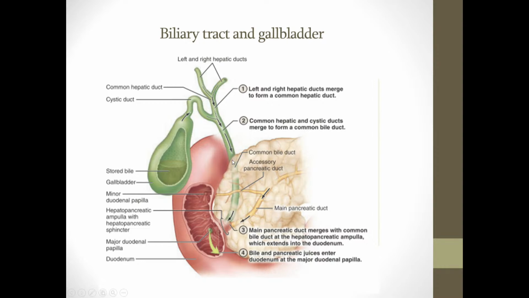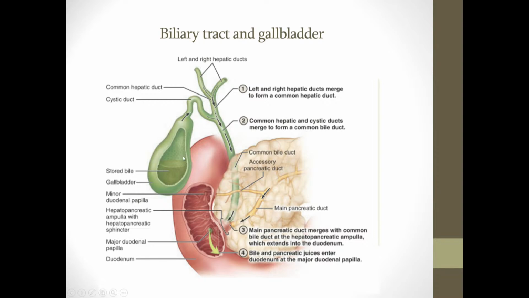The main pancreatic duct merges with the common bile duct at the hepatopancreatic ampulla, which extends into the duodenum, and bile and pancreatic juices enter the duodenum at the major duodenal papilla.